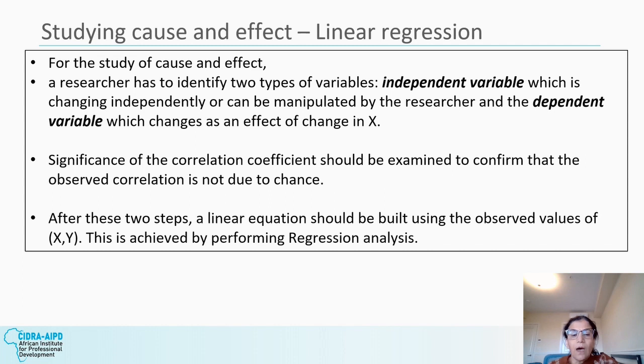After these two steps, first identify independent and dependent variables, then check correlation and its significance, which will establish that it is not observed due to chance. After these two steps, a linear equation should be built using the observed values of X and Y. This is achieved by performing regression analysis.